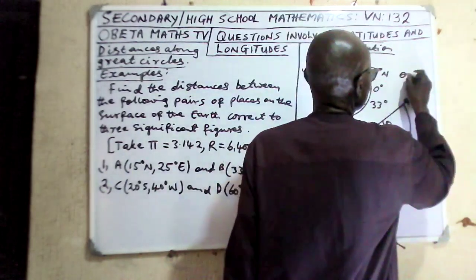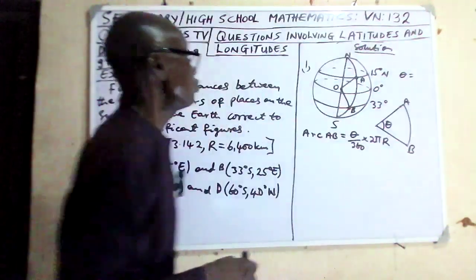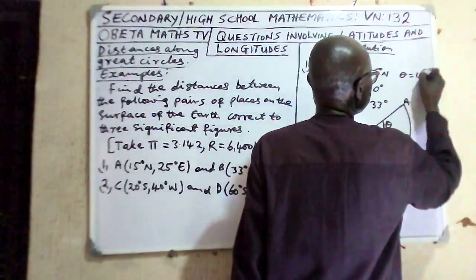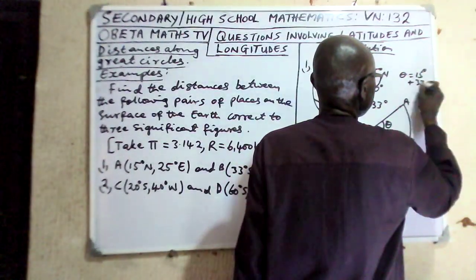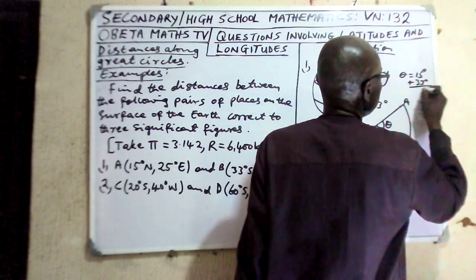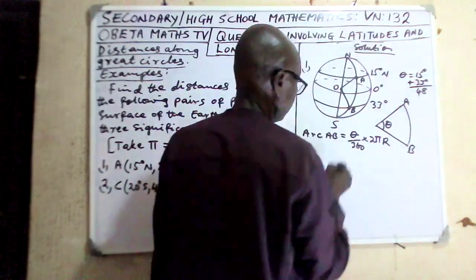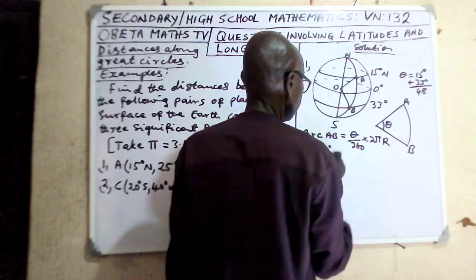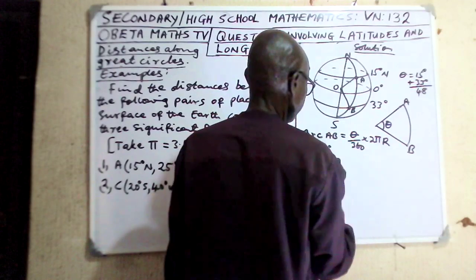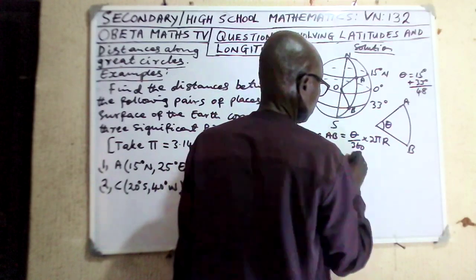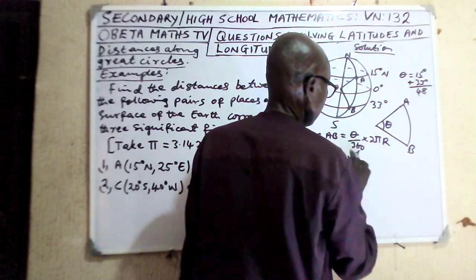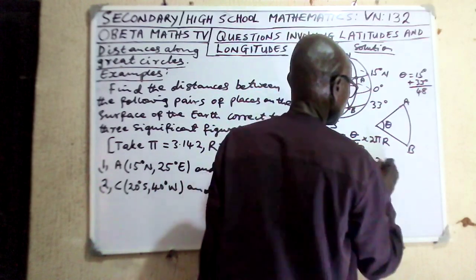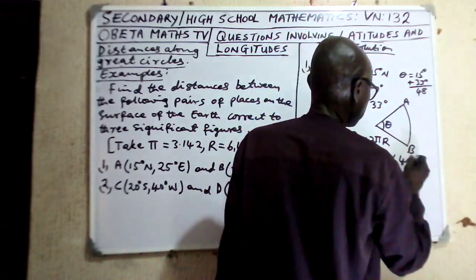So theta will be, since we have north and south, we have to add 15 degrees plus 33 degrees, and that is 48. So that will give us 48 degrees over 360 times 2 times 3.142 times 6,400.